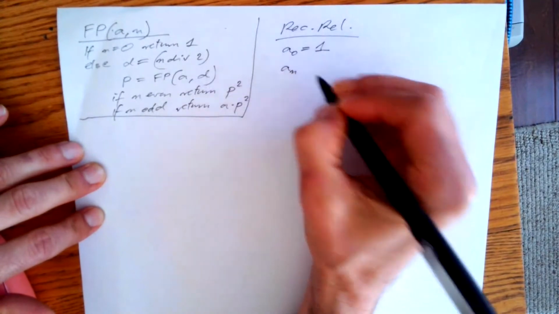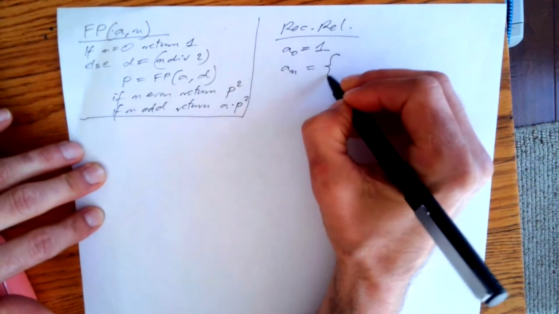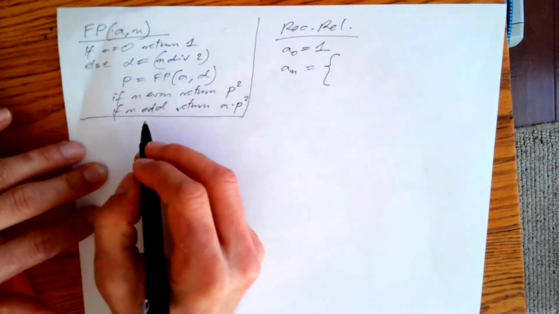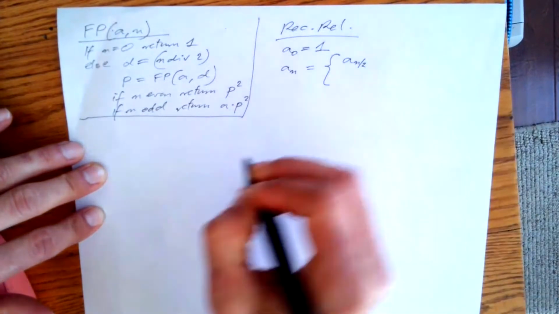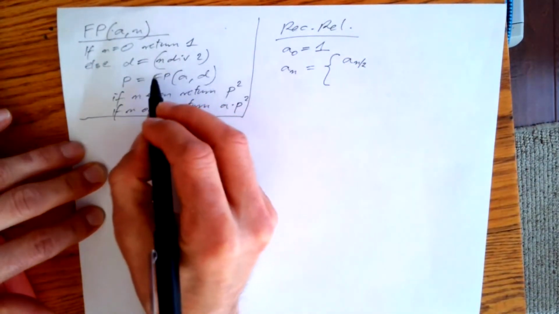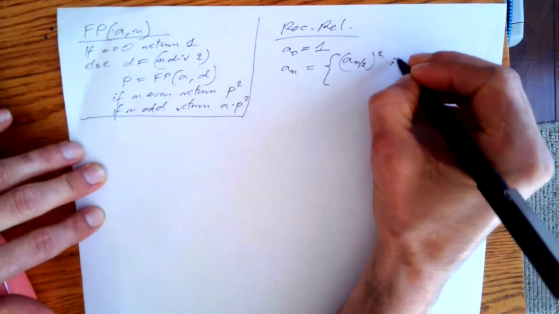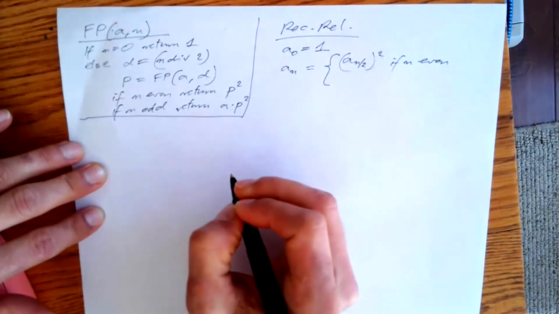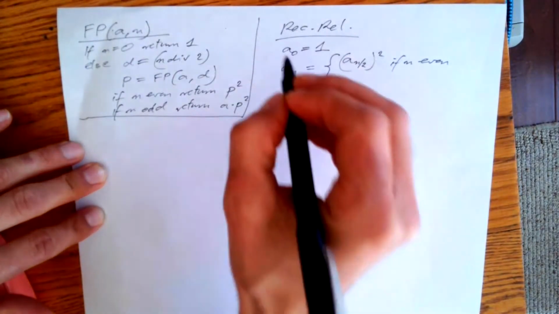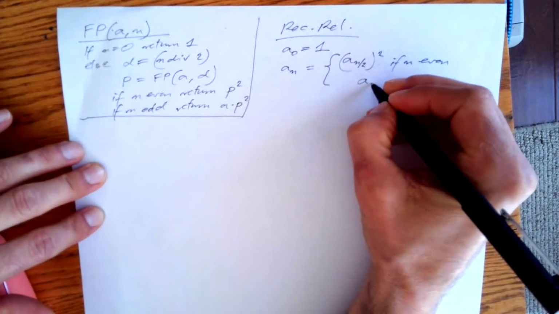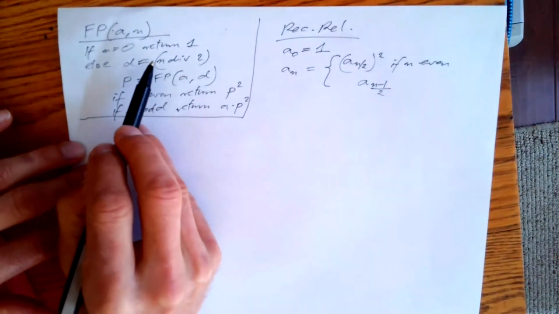The nth element will be, a fork here based on whether n is even or odd, and it will be a half of n. So in other words, this element squared if n is even, and if n is odd, then I will take the element whose index was computed like this.